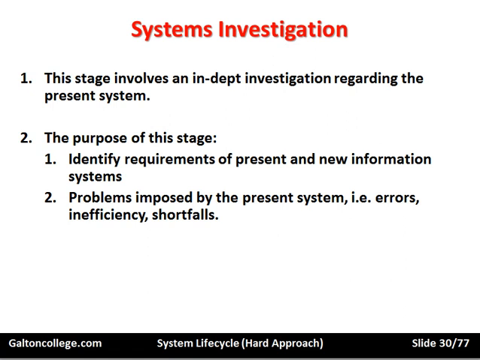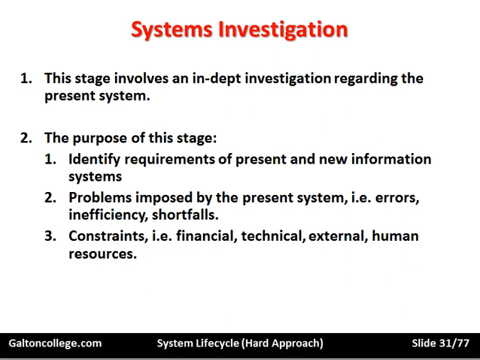It's pointless looking at the present system and looking at the errors, perhaps the failure rate in terms of production, within the existing system and then institute a new system which gives the same failure rate. Well, what's the point? So it's important that the present system indicates errors, inefficiencies and shortfalls that can be looked at in the context of the new system, because the new system should address these problems and should fix those problems.